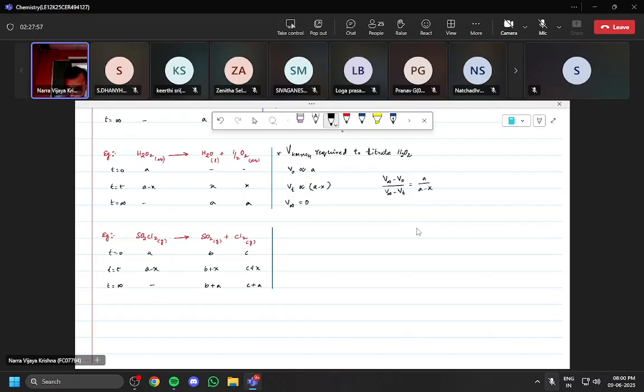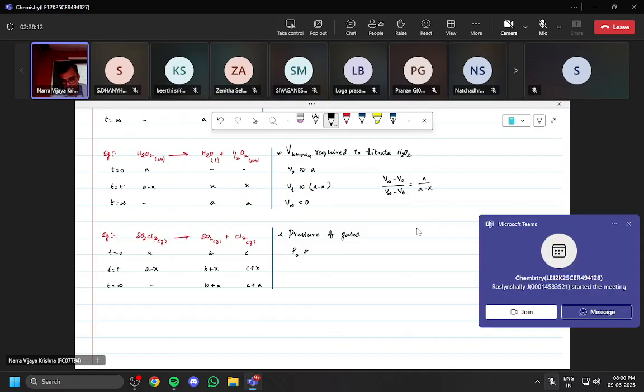Right? Now, I am measuring the total pressure of gases present inside the container. Initially it is P naught. Now tell me, P naught is proportional to all the three or not? So P naught is proportional to A plus B plus C. Pt is proportional to A minus X plus B plus X plus C plus X. So what do you get?